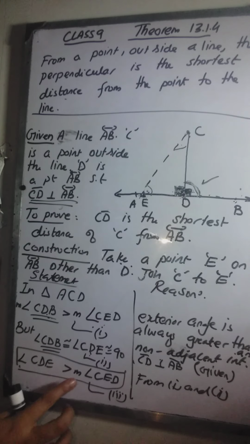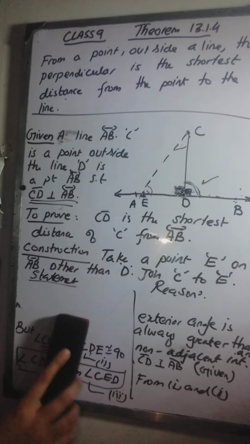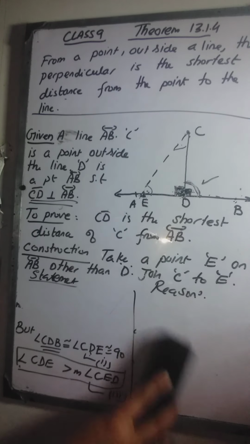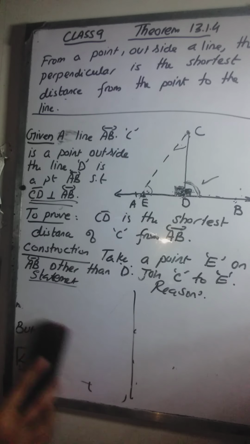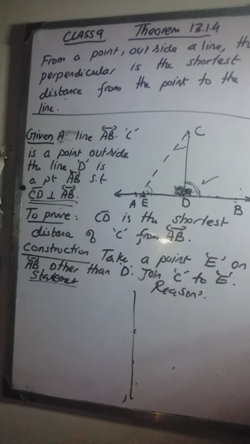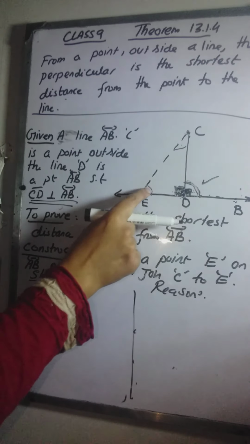I will erase it and write this equation again because we are going to use it. So till now what we have obtained is that in triangle CED, we have come to the conclusion that this angle is greater than this one.